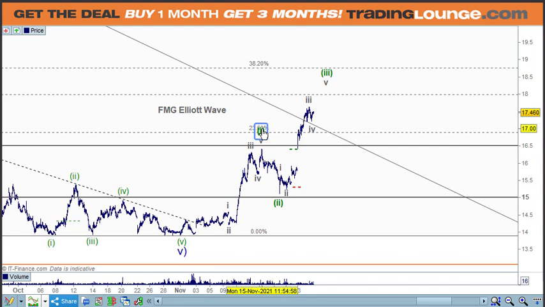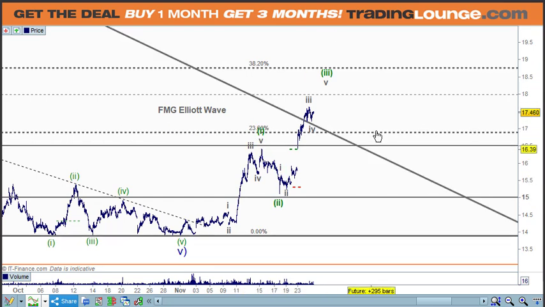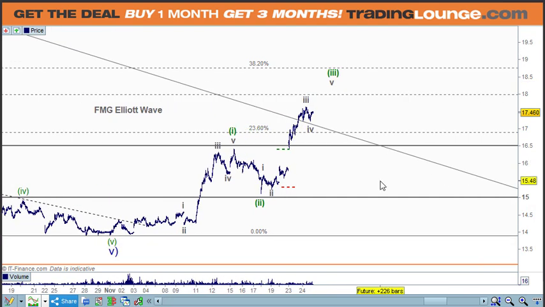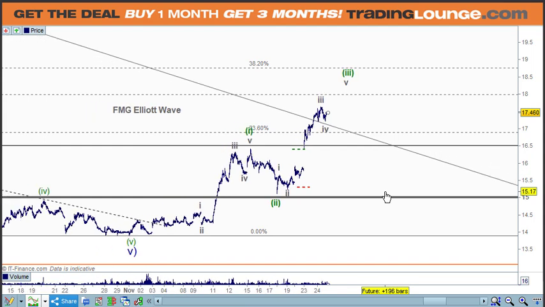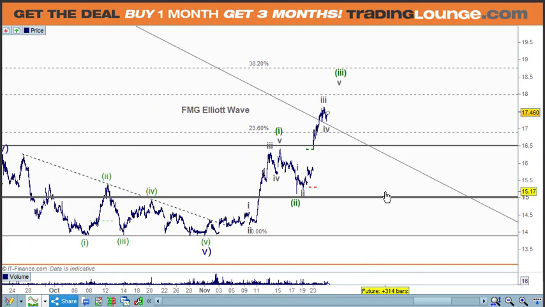It may be a blue wave 1 rather than a green wave 1, but that will become apparent as we move up further. We've got a position on the open here. I've started it from here, which I hope is correct.